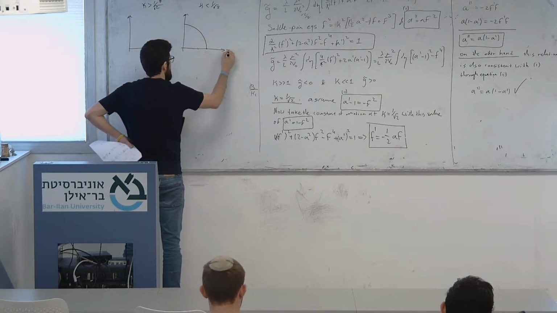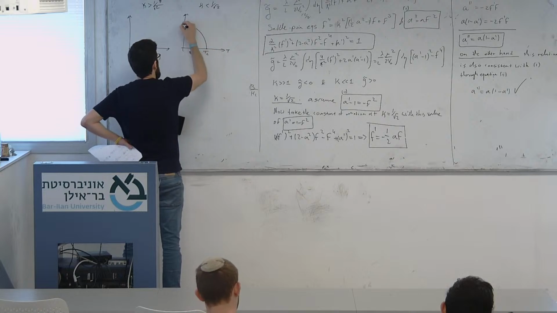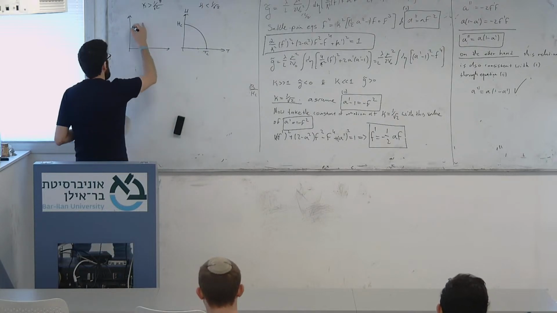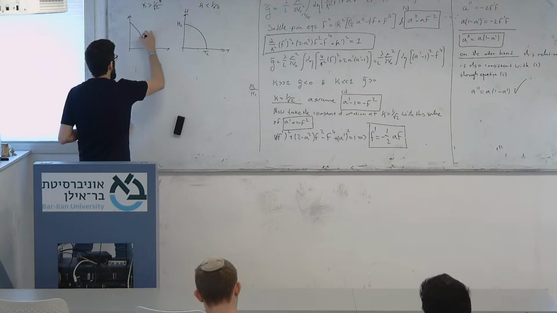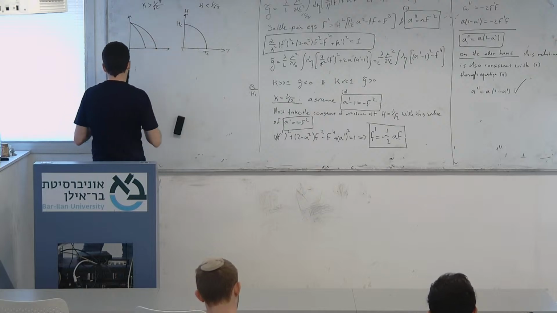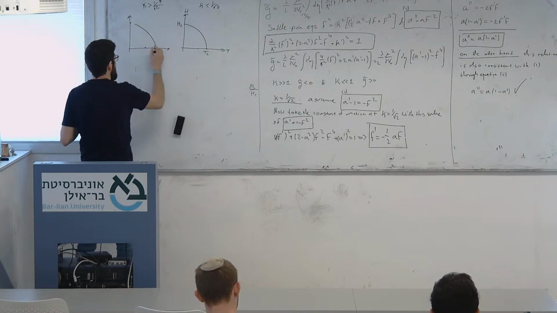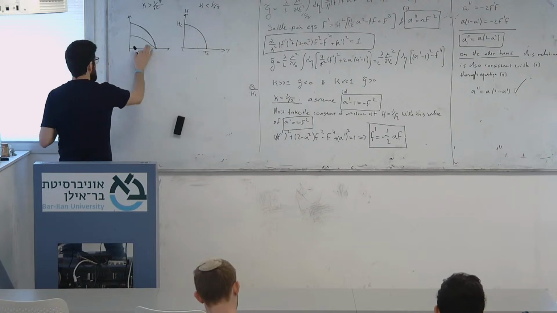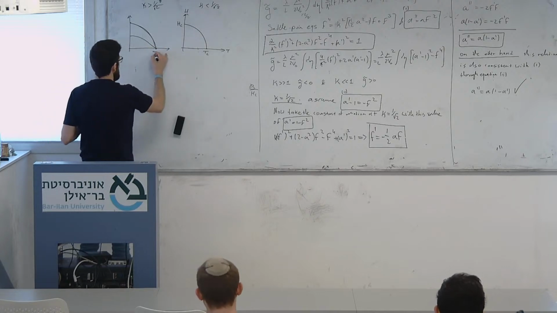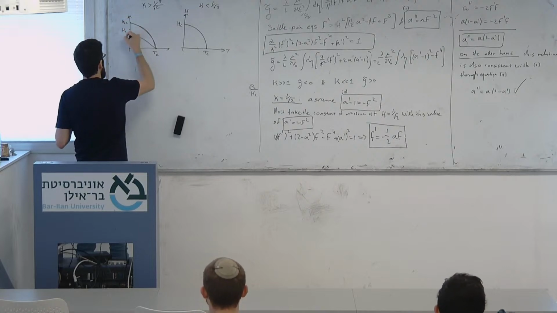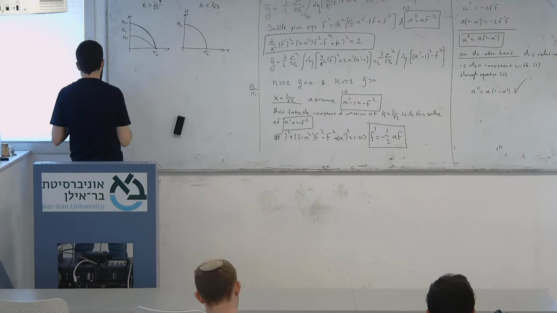Sorry, this is T, this is HC, this is H, and in one case we have a more complicated phase diagram, like this. Here we have HC, here we have HC2, here we have HC1.